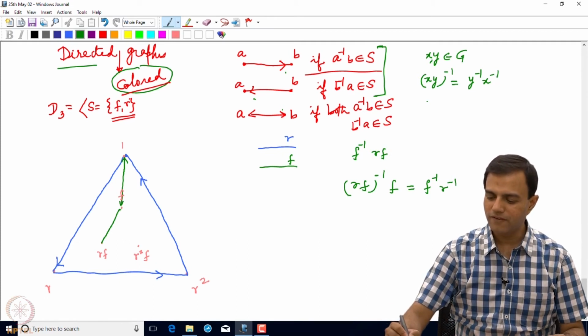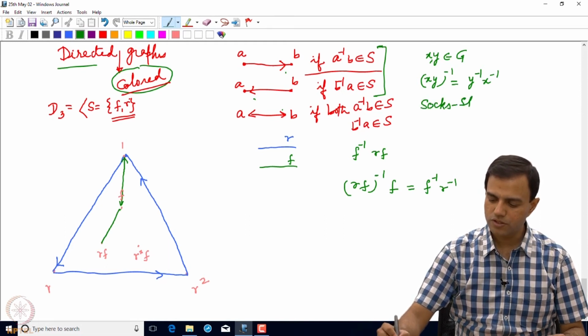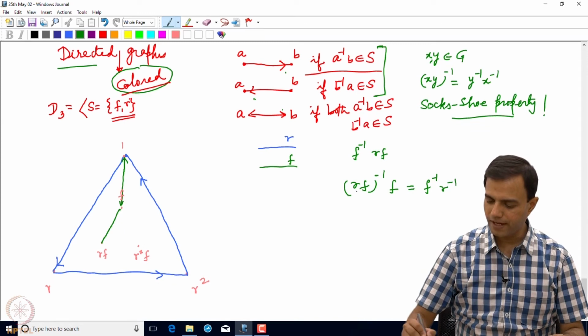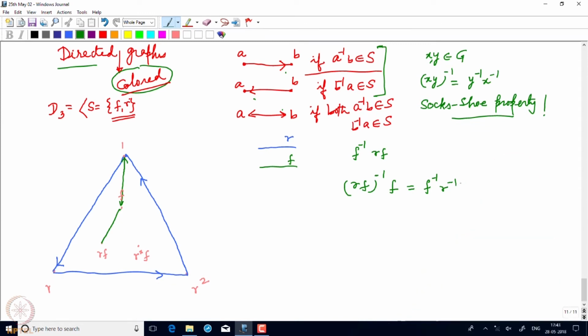And this property has a very curious name, which is called the socks shoe property.